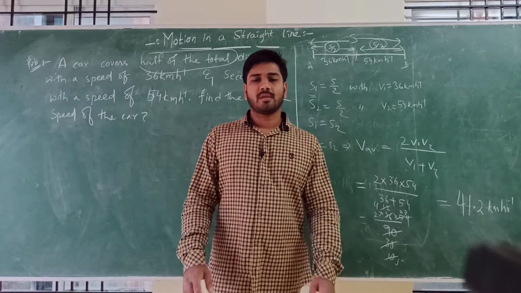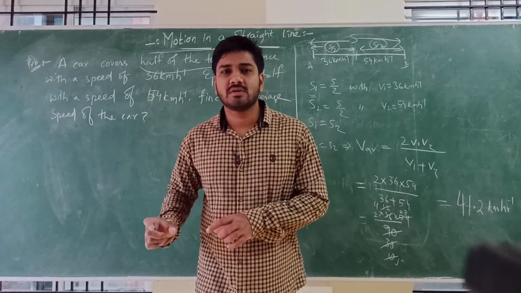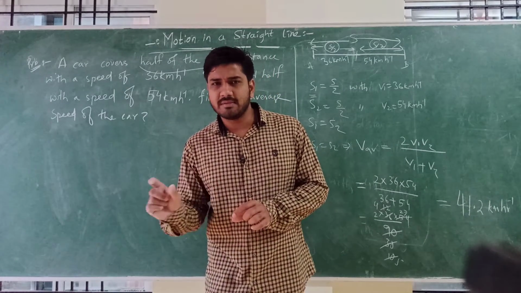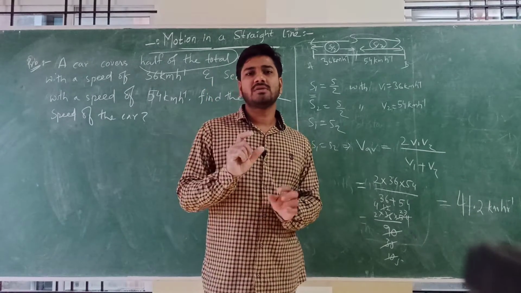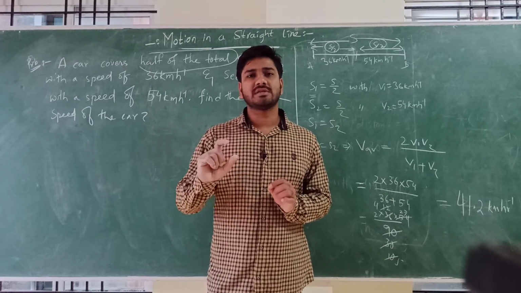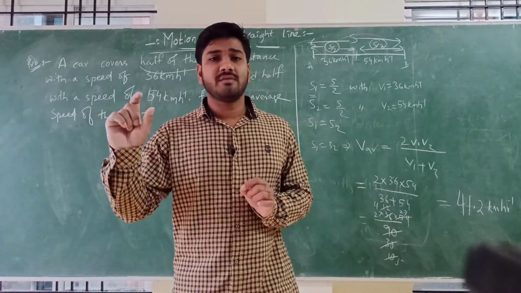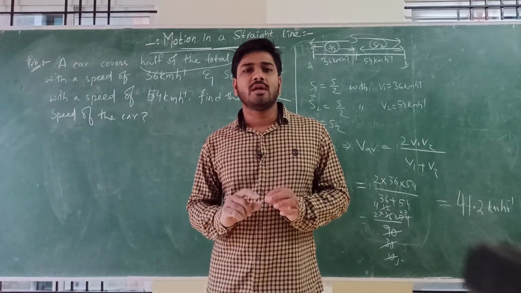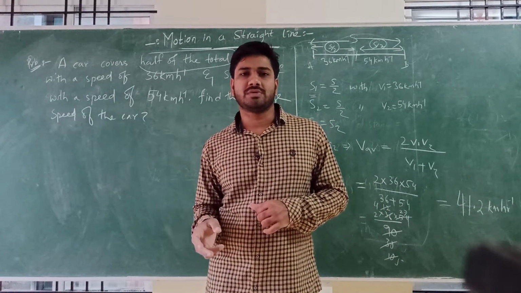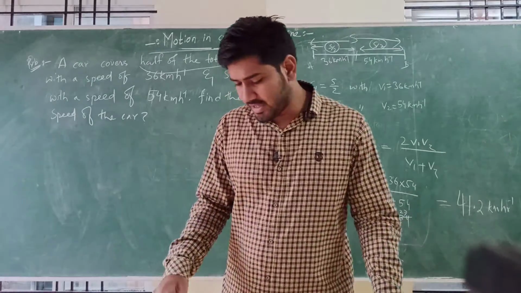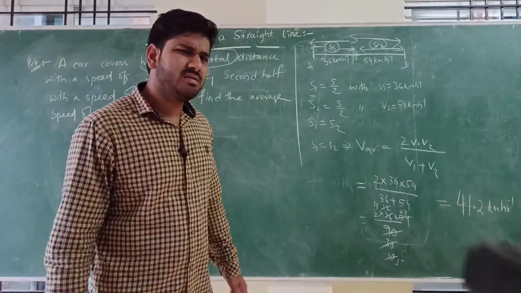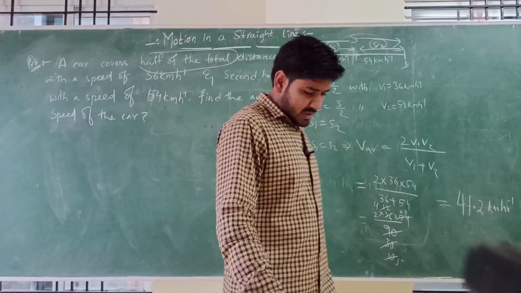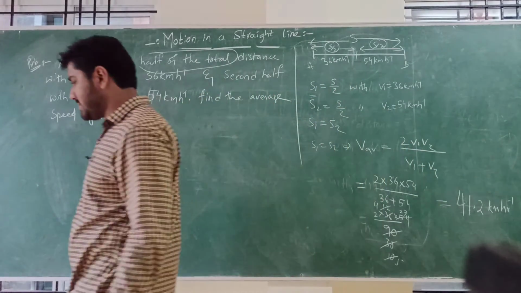One more: if S1 is equal to S2, and the body is traveling with speeds V1 and V2, then the average speed formula is 2V1 V2 divided by V1 plus V2. So these are the two formulas. Remember them, they are very helpful. One way teaching. I hope you like this.